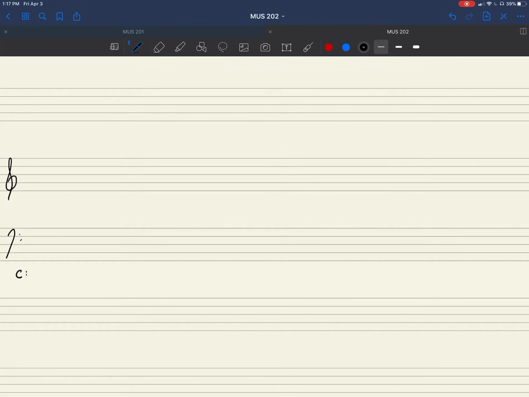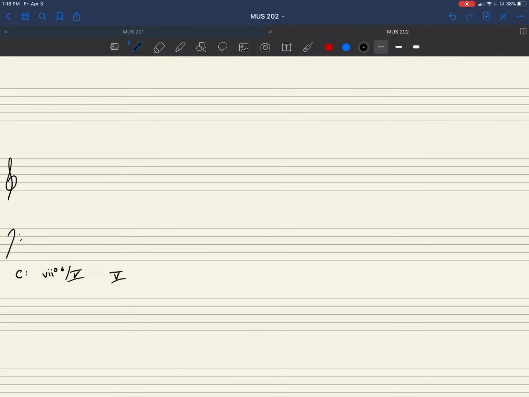And I'm going to do, let's just do the triad. I'm going to put it in first inversion because that's the most often way you're going to see it. So I need to do a 7 of 5 going to 5.